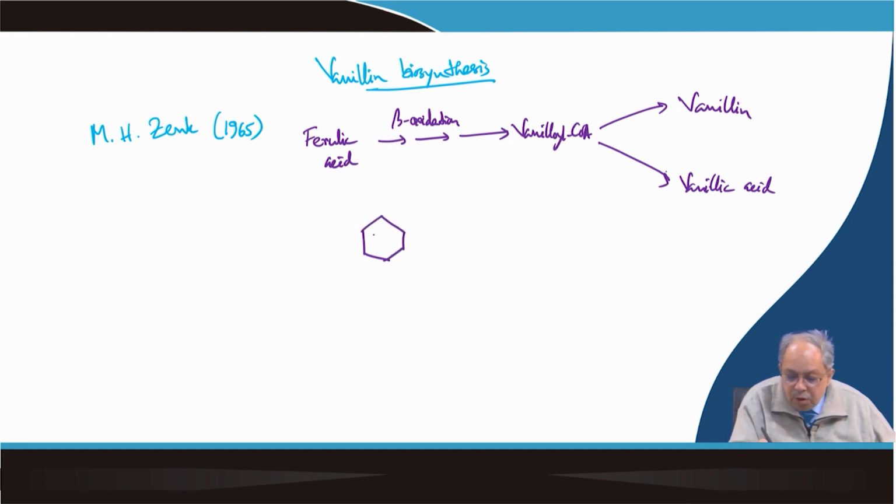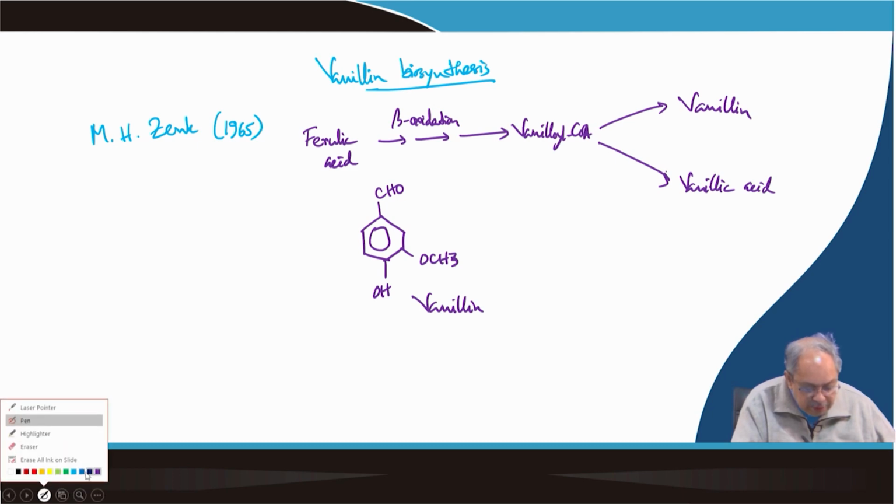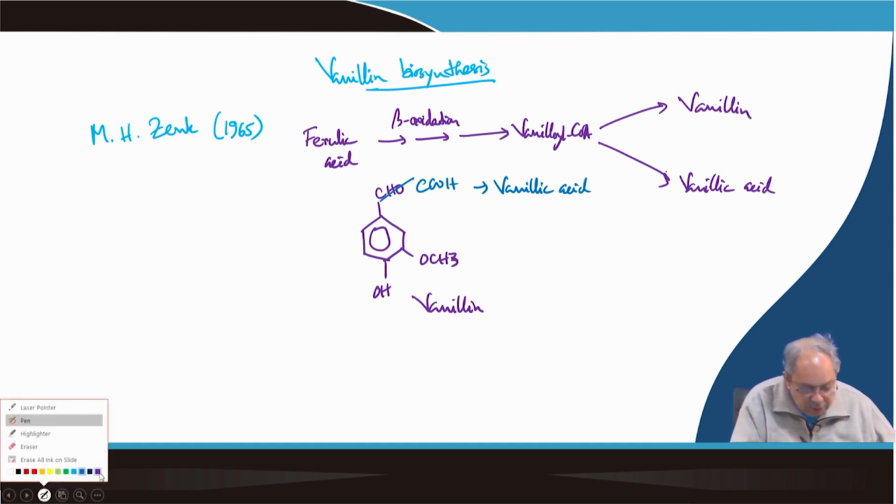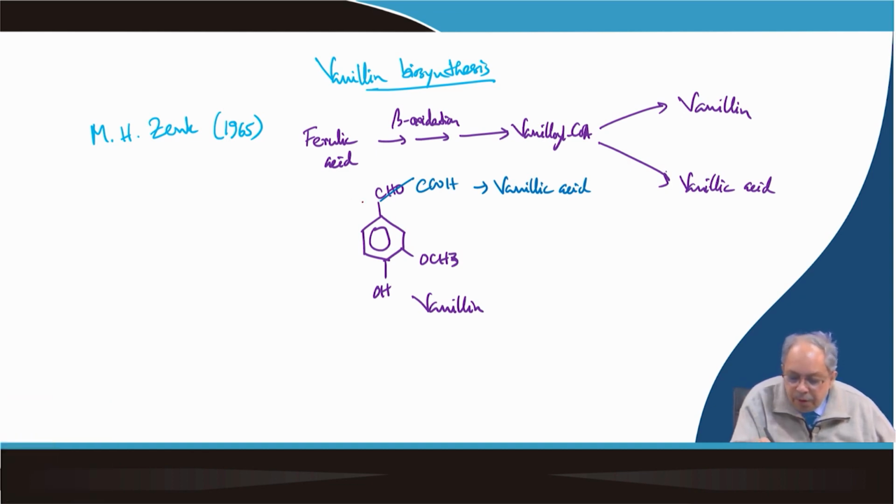I put it in this way, CHO, OH, OCH3, this is vanillin, and if it is vanillic acid, then this will be replaced by COOH, and if it is vanillyl alcohol, then this will be replaced by CH2OH.